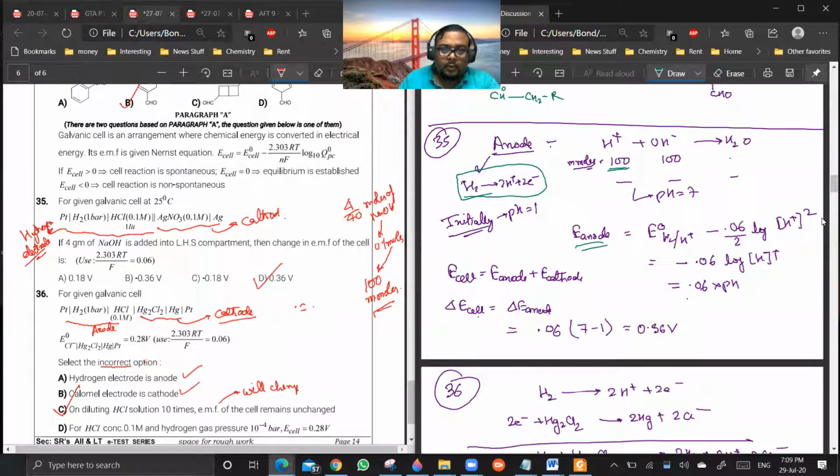Yes, sir. Getting it? Yes, no. Voices are not clear. Q will be H plus square by P of H2. You can write the pressure of H2 also, but it is given to be 1 bar. Are you getting a point? Yes or no?